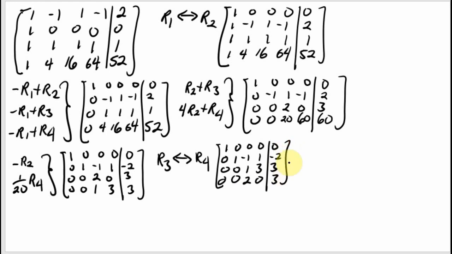Okay. So now I'm going to use A33 to get zeros above it and below it. To do that, we simply say row 3 plus row 2. That'll give us a 0 here. And then negative 2 times row 3 plus row 4. Now row 1 stays the same.